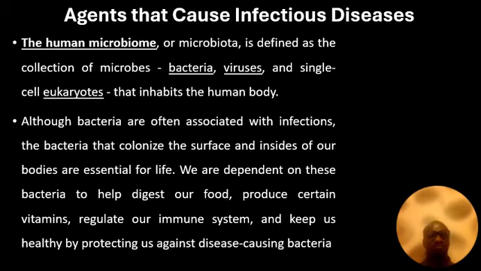We depend on them to help us digest our food, produce certain vitamins, and regulate our immune system. They keep us healthy and protect us against disease-causing bacteria and viruses. They are not responsible for infectious disease, but they are good and beneficial to our system.